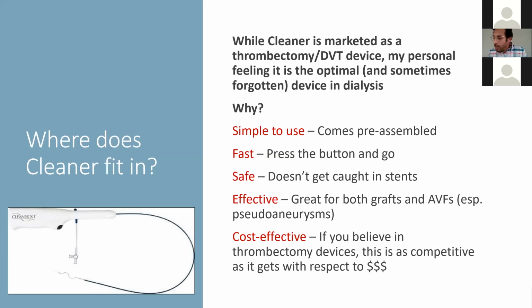Yeah, so that's a great question. I think that PE is an inevitable outcome of any declot procedure that's done, regardless of the thrombectomy device or declot method that you use.